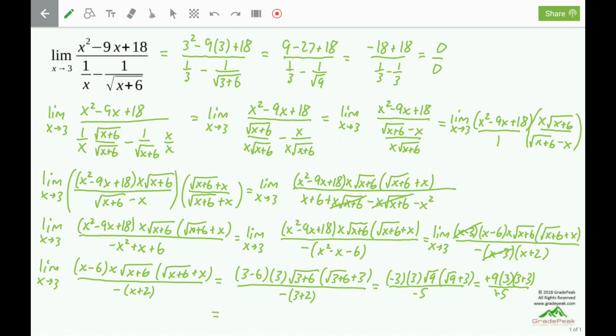So we have a 9 times a 3, which is a 27, times a 3 plus a 3, which is a 6. I'll divide it by a 5. 27 times 6 is 162, divided by 5.